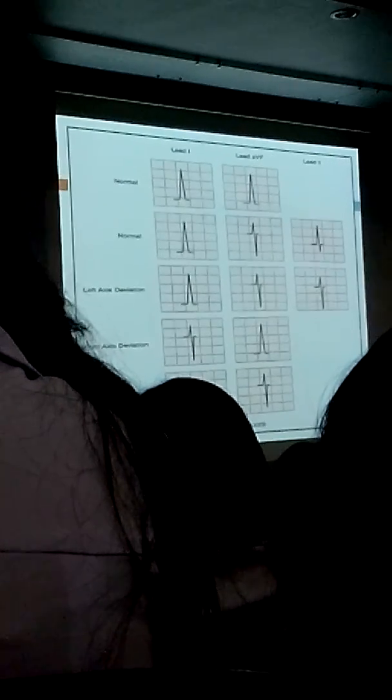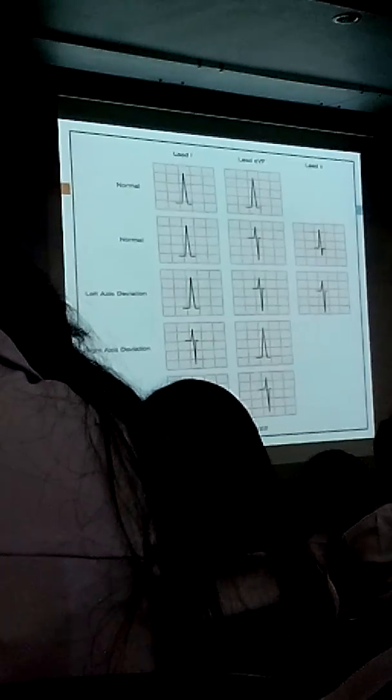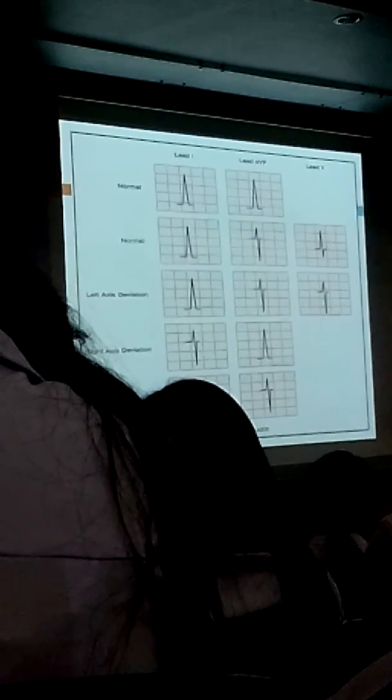If you see a positive and a negative deflection in the ECG, you just have to sum all the forces and get the average. That's what you will plot in the graph.